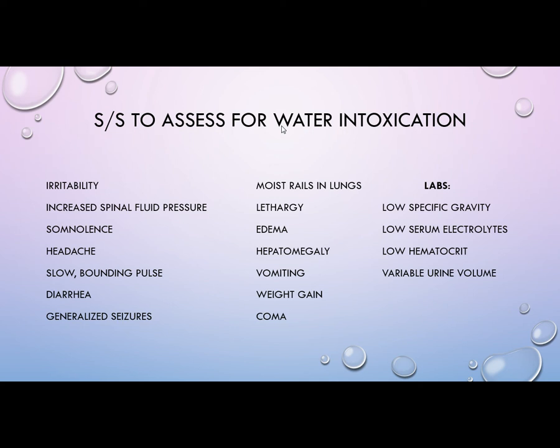It also gives you the labs. They're going to have a low specific gravity, okay? They're going to have low serum electrolytes, a low hematocrit, and their urine is going to depend on their fluid volume, okay? If they're hypovolemic, their urine volume is going to be decreased. If they are hypervolemic, you might see an increased urine output.